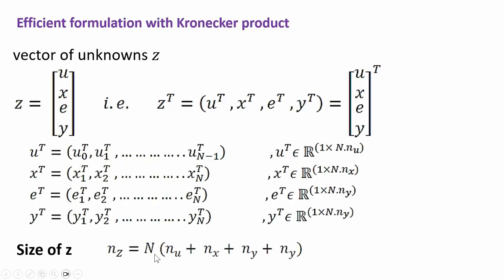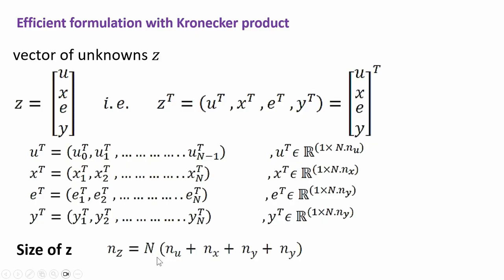And similarly the same idea also applies for the states, the error, and also for the outputs. Or in other words, all of these unknowns which are defined in this vector z are not only for a single time step, but for the whole prediction horizon defined by the capital letter N. That's why if you want to find the size of z, you have to include the size that would arise when we take the whole prediction horizon into account.